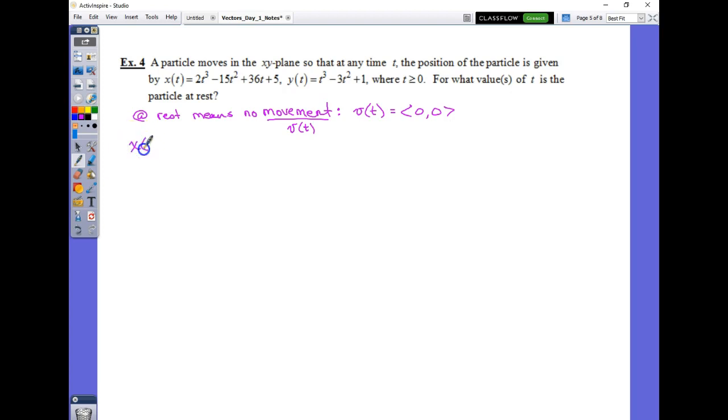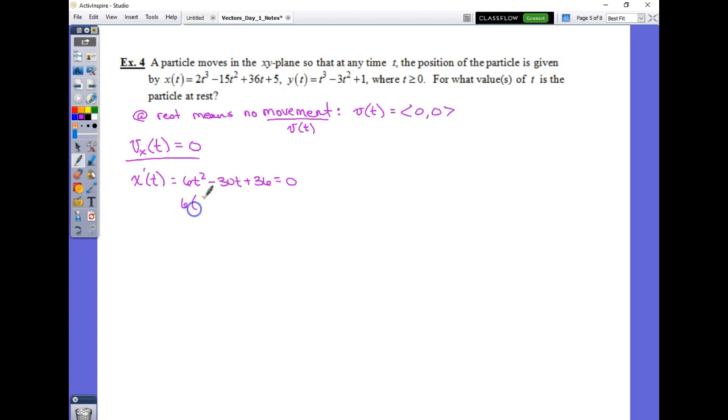So let's find out when x of t is equal to 0. I've got to be careful there. I want to know when the velocity in x is equal to 0. In this case, it happens to be x prime. So we find x prime, 6t squared minus 30t plus 36, set that equal to 0.